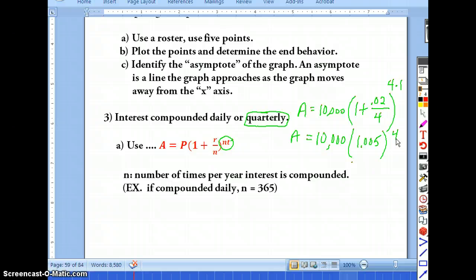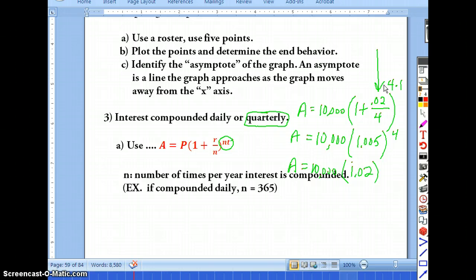So I'm going to take 1 and 5 thousandths, raise it to the 4th power, and I'm getting something in the neighborhood, if we go a couple of places near cent, of 1 and 200ths. Notice that's not much different than the original 2% interest that we were talking about. And the reason is it's only compounded 4 times.